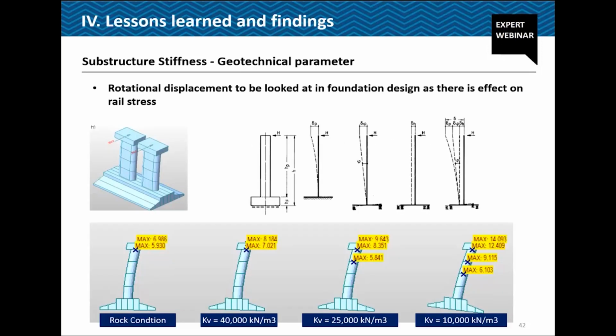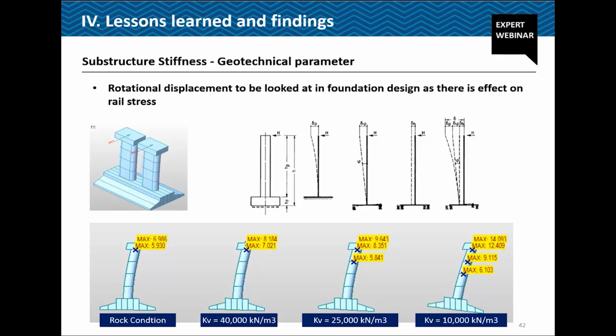First, the substructure stiffness. Usually in our conventional structural design, we don't need to consider this kind of foundation rotation, I mean ground condition. Usually we just consider the bottom of foundation to be quite rigid, and so this will always give a somewhat conservative value on the safer side.